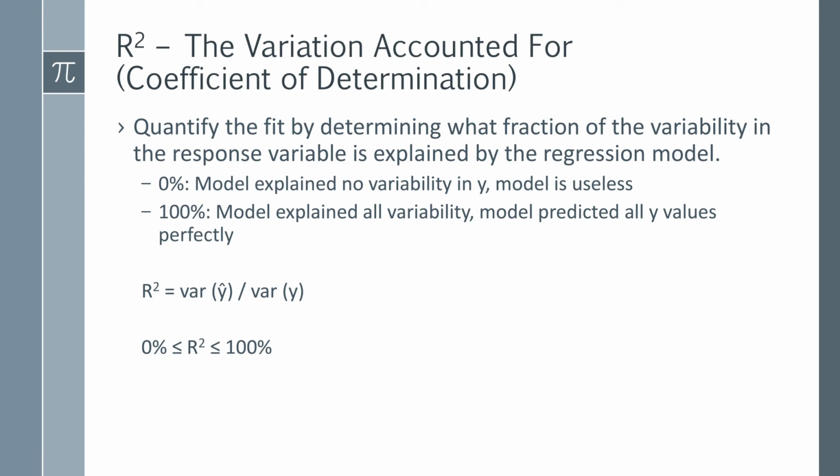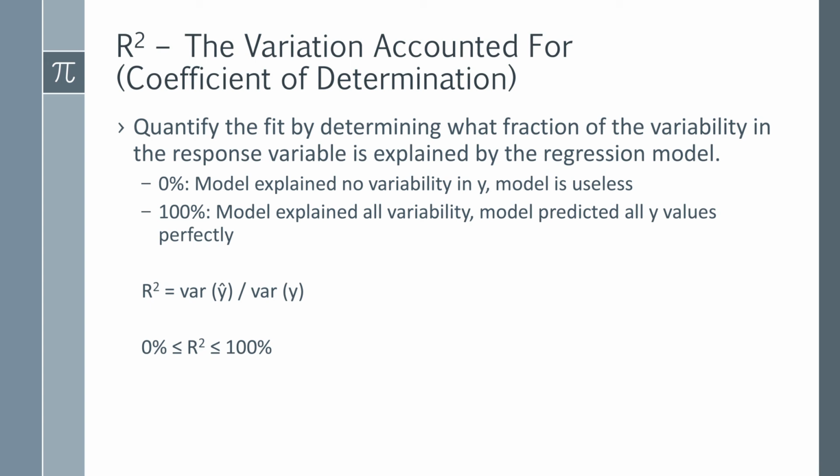Earlier we talked about r, which was our correlation coefficient. This variable, r squared, is known as the coefficient of determination. It measures and quantifies the variability in the data that is explained by the model.